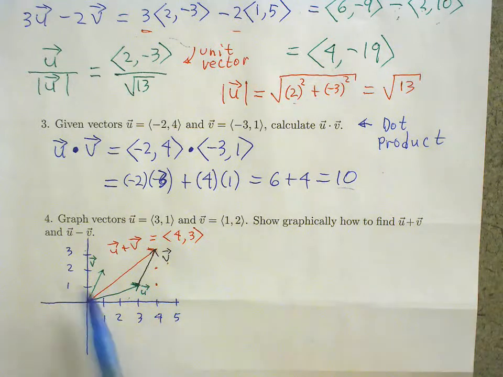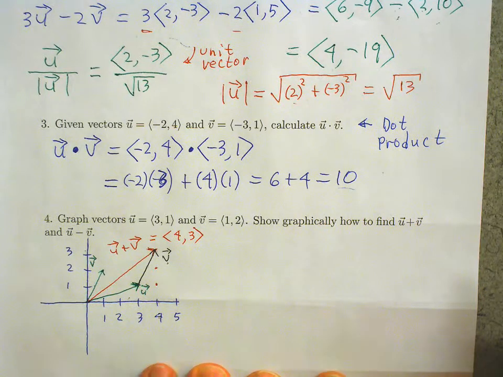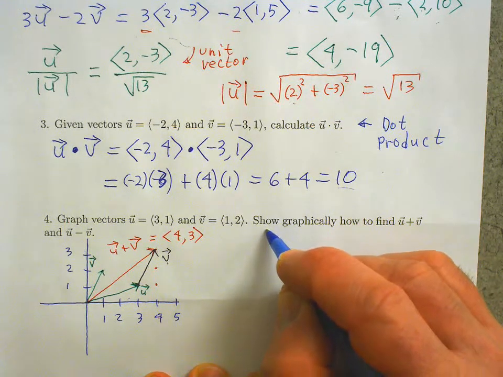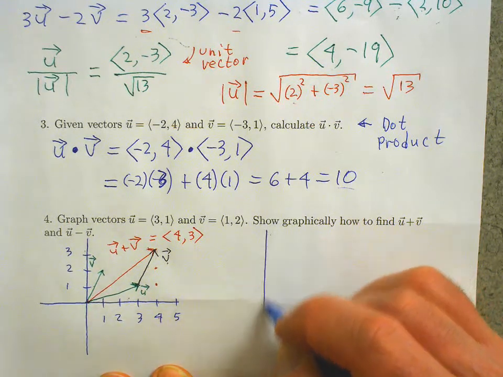Okay, then we'll also show how graphically to get vector u minus vector v. On this one, I think I'll need a little more space below.